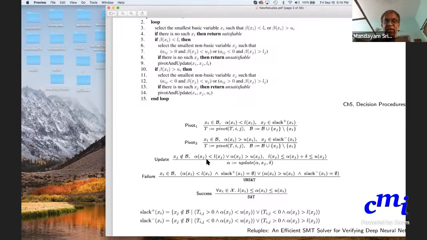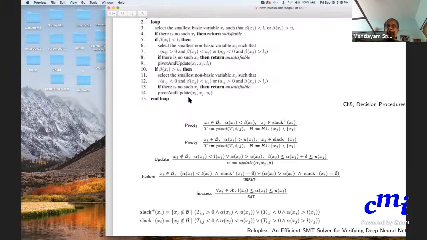As you can see, because they are combined here, you pivot it by using one non-basic variable which has a suitable slack to fix the bound violation of the basic variable. After that, you update. You pivot it, and then you update. The update always happens on the non-basic variable. Even in the procedure above, when you do pivot and update, that's how you do it.